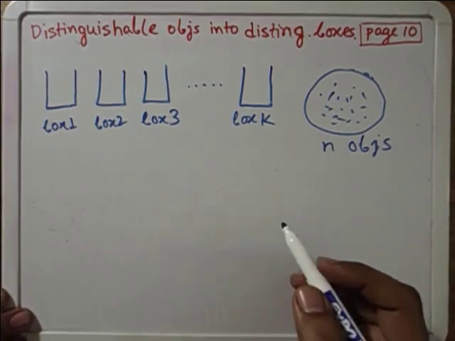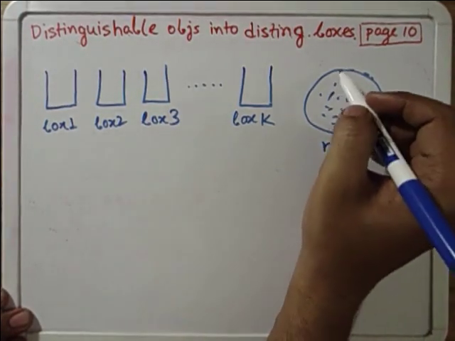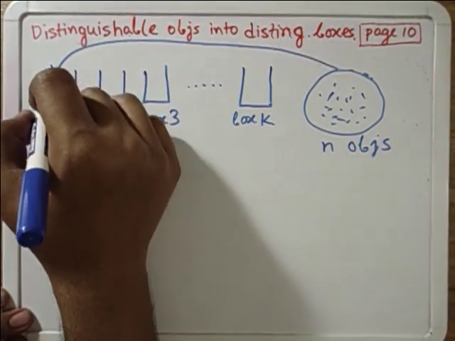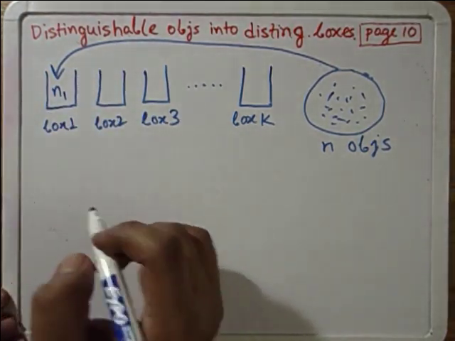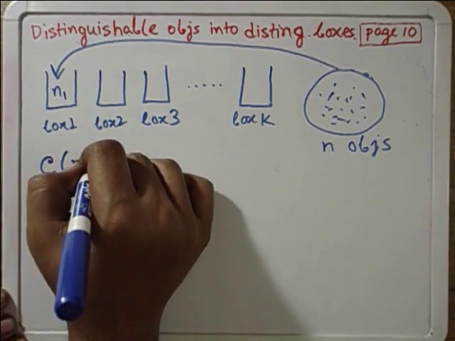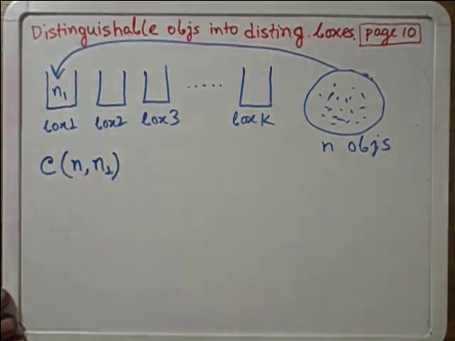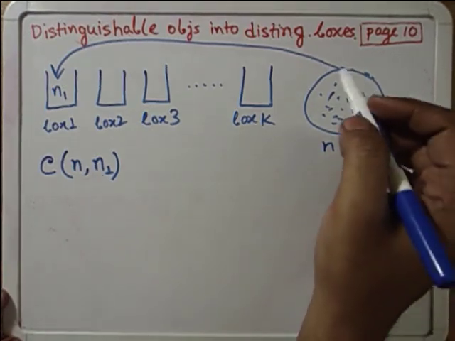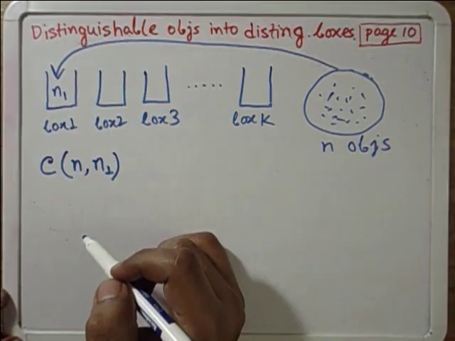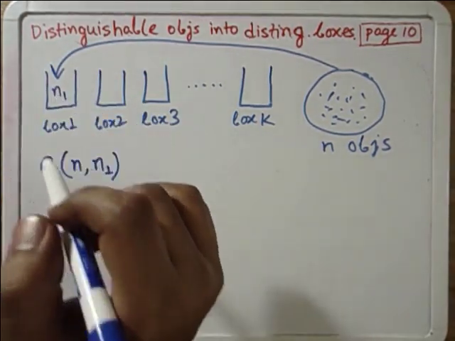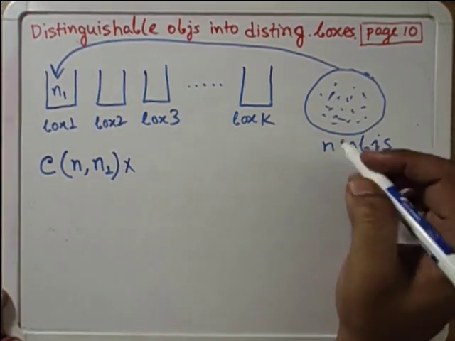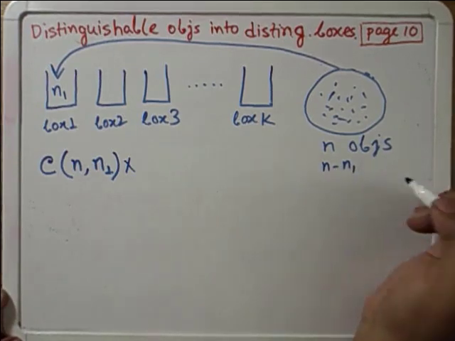Let's see. If we choose n1 objects from here and put them over here, how many ways to do that? N choose n1. So from n objects we choose n1 of them and we put them in the first box. Okay, so this is filled. Next, this one. How many objects are left now? Now there are n minus n1 objects left.